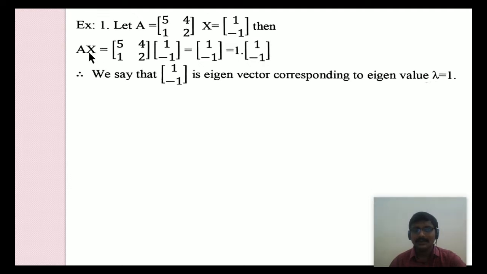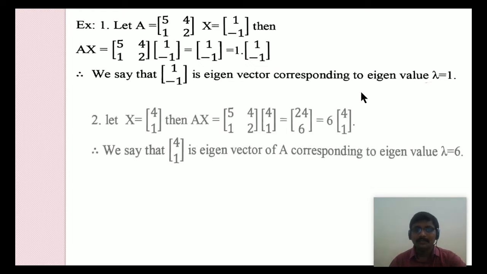Now clearly this is of the form Ax equal to lambda x. But what is lambda here? 1. So here the eigenvector x is the matrix 1, minus 1, and the corresponding eigenvalue is lambda equal to 1. Another example. Suppose the matrix 4, 1 is an X matrix. Now consider Ax.